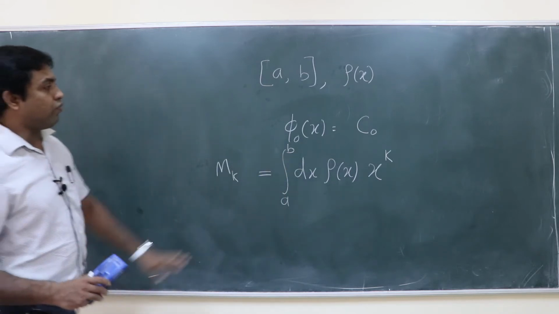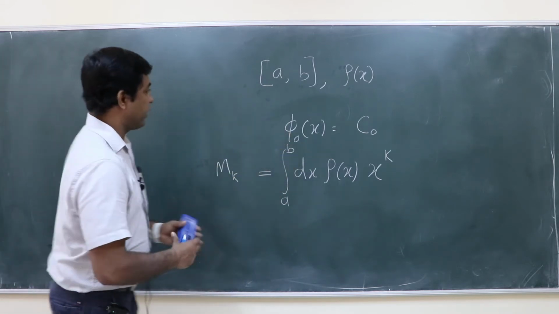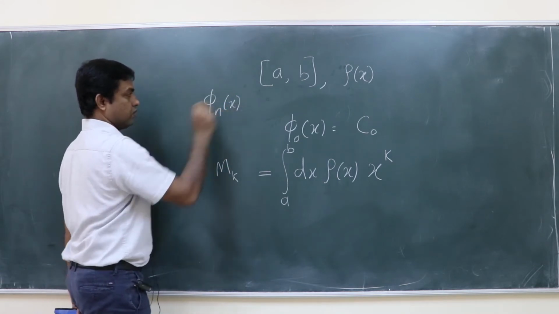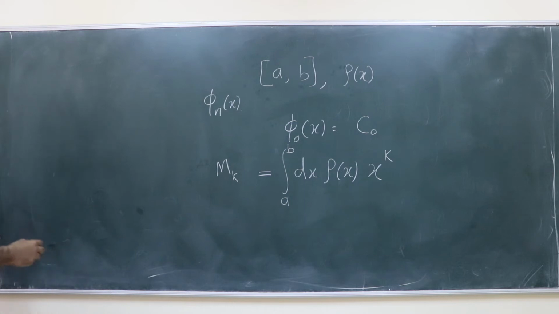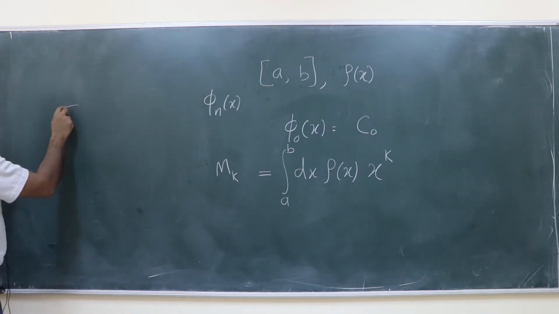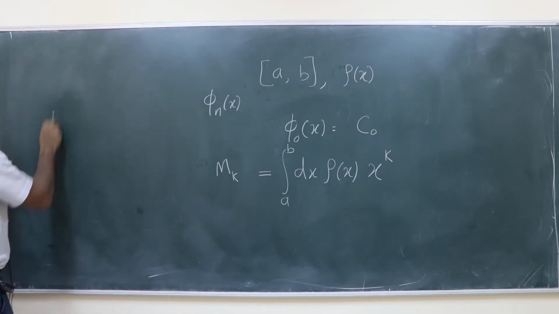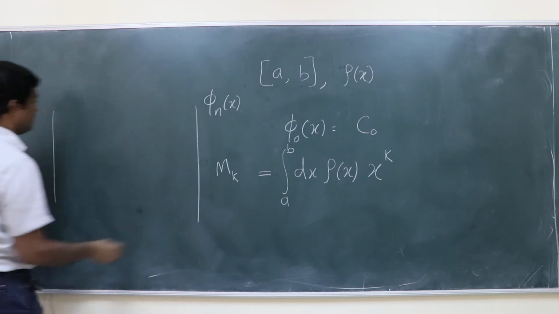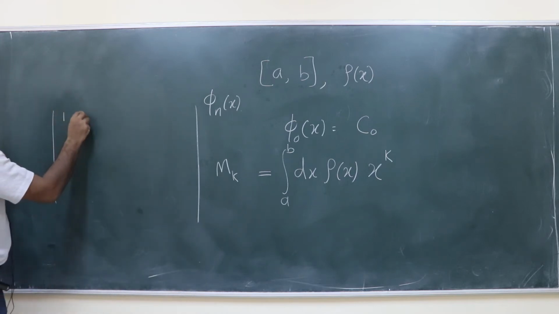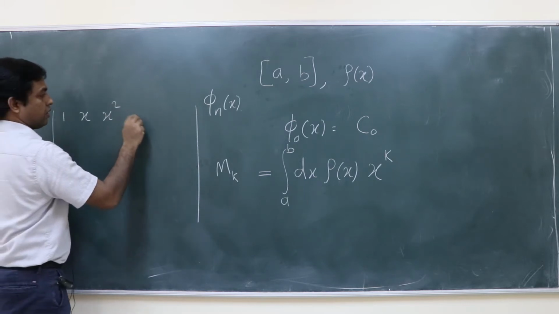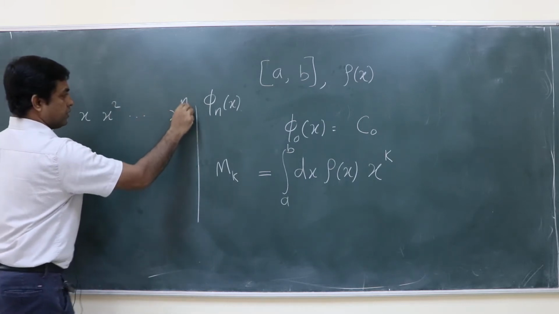Now how do I find all phi n of x? That is the question. The phi n of x is basically equal to an n plus 1 determinant. You write down 1, x, x square up to xn.